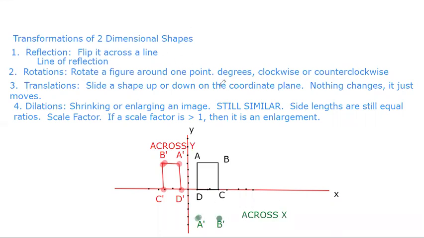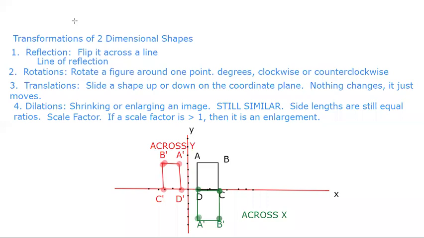Point C and D are 0 units away from X, so guess what? Point C prime and D prime are also 0 units away from X. And there's our reflected shape across the X-axis.